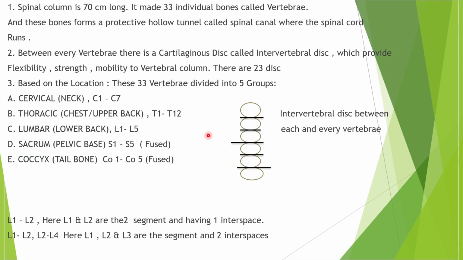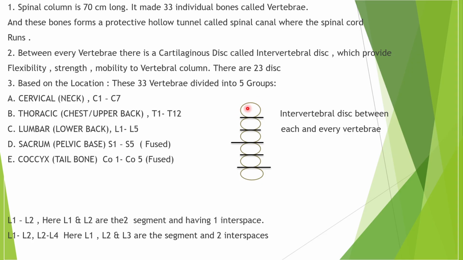Okay. So the spinal column is 70 centimeters long, and it is made of 33 individual bones, which are known as vertebrae. We already saw that these bones form a protective hollow tunnel.